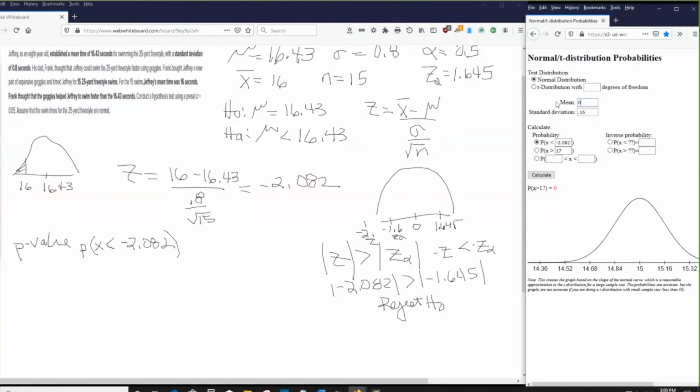When we have a standard normal distribution, we can see that our probability is really small.